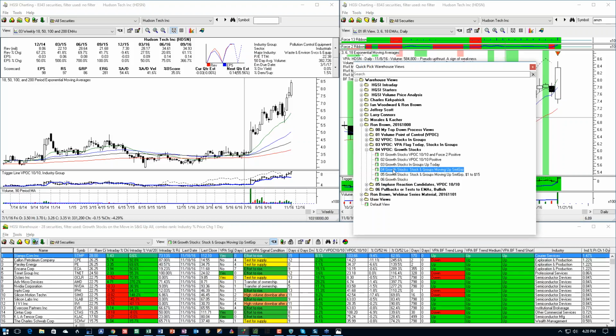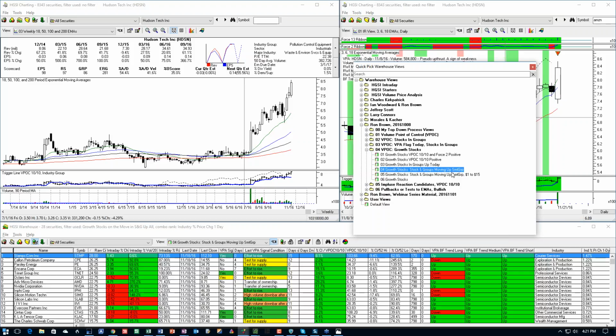One of the features that is available in HGSI now is the ability to filter for specific groups. It can be a smart group, it can be your own group. For example, if you start building a long watch list and you want to only look at that watch list, you can direct the filter towards that watch list.